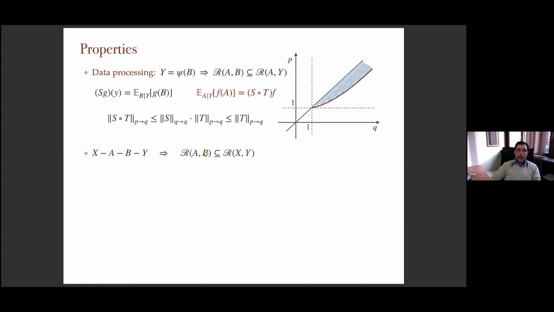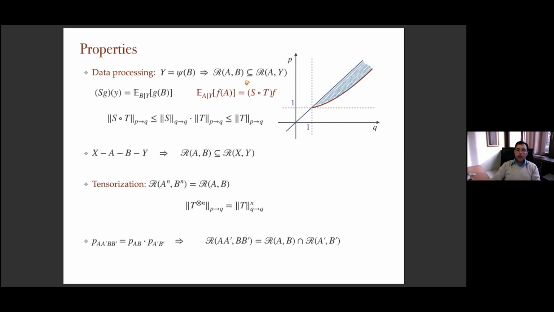Okay, so this is the data processing, and exactly because of the data processing, I think of this hypercontractivity ribbon as a measure of correlation. Well, it's not just a single number, but a set, but I think it's monotone under this inclusion. Then I can think of it as a measure of correlation.